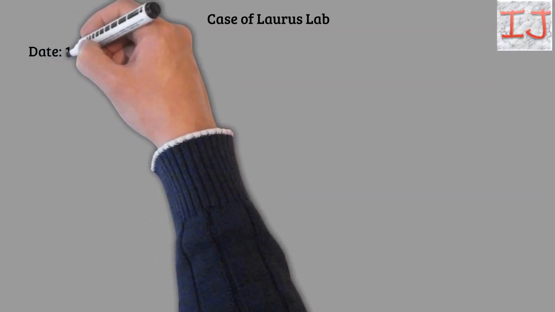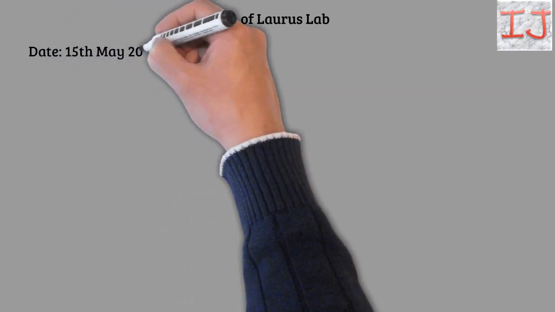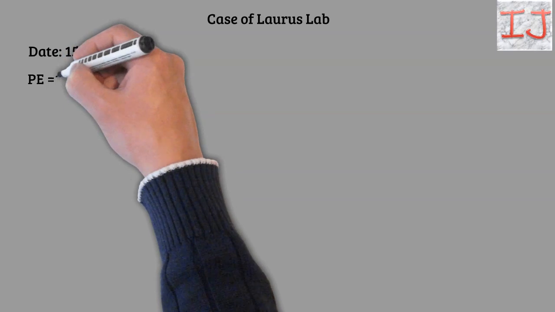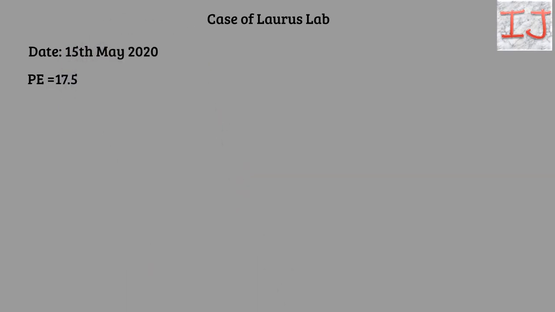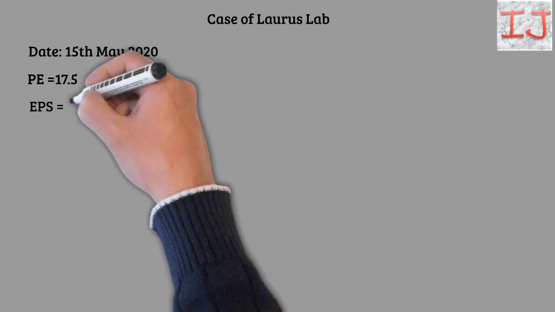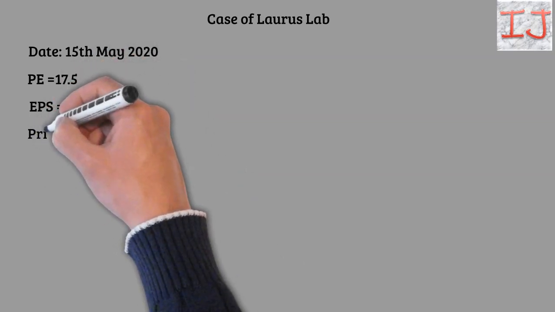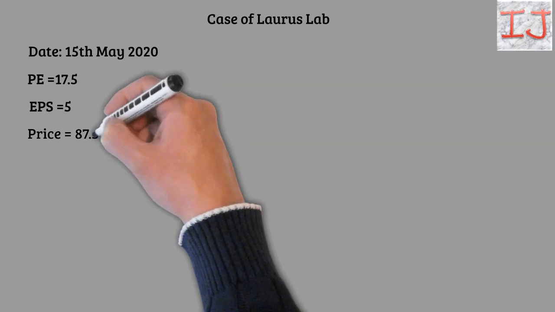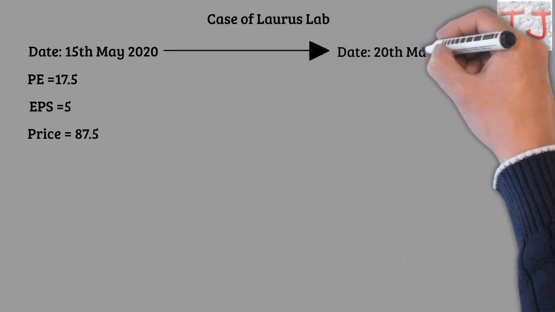Let's take an example. On 15th May 2020, PE of Laurus Lab was 17.5 and earning per share, that is EPS, at that time was 5. Price was around 87.5. Fast forward to 20th May 2022.